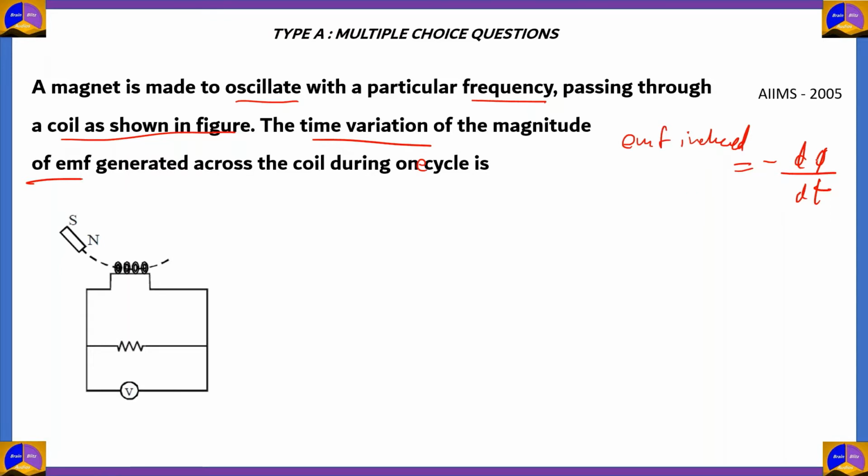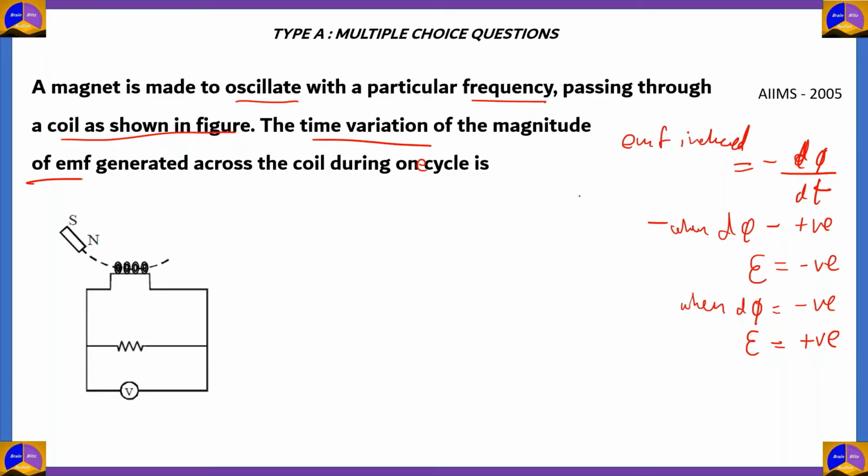So since the formula is minus d phi by dt, when d phi is positive, the EMF is negative. And when d phi is negative, then the EMF is positive.